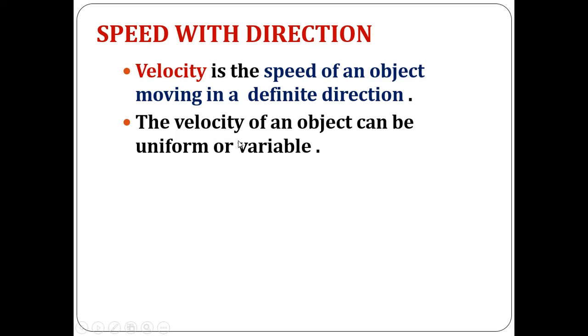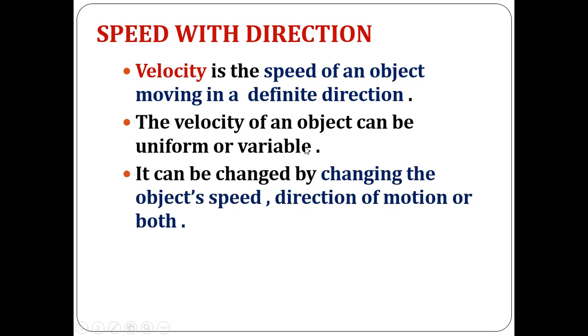Now, the velocity of an object can be uniform or variable. It can be uniform, or it can be different. It can be changed. How can this uniform velocity be changed?